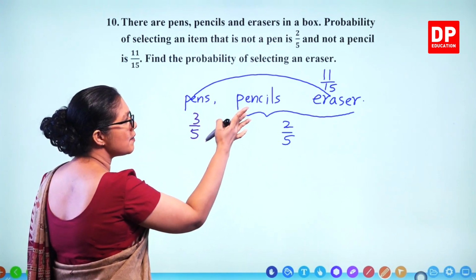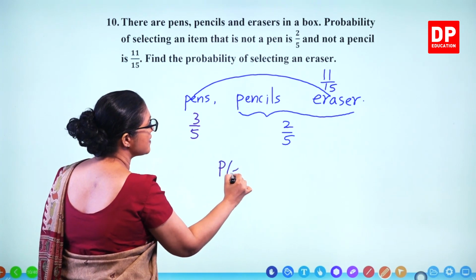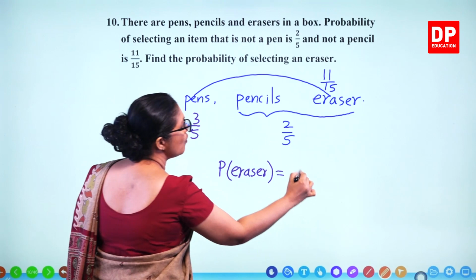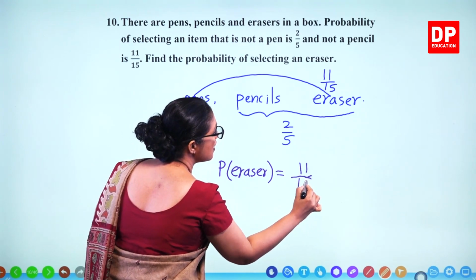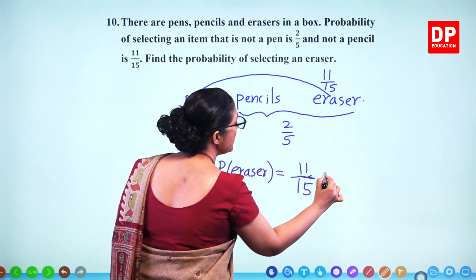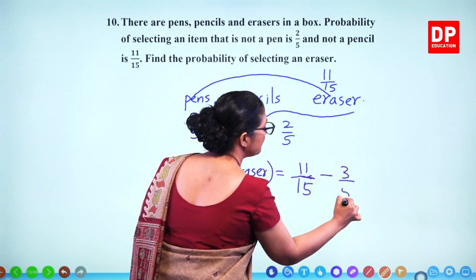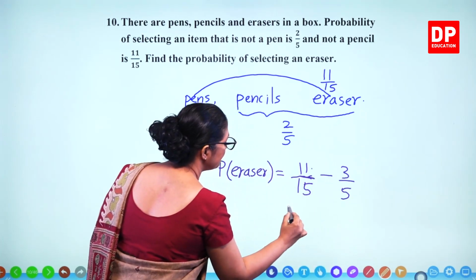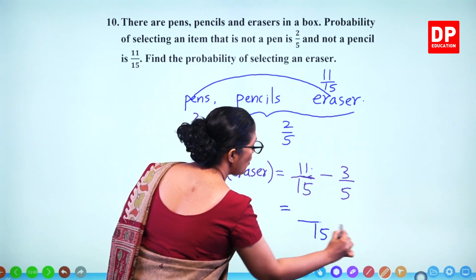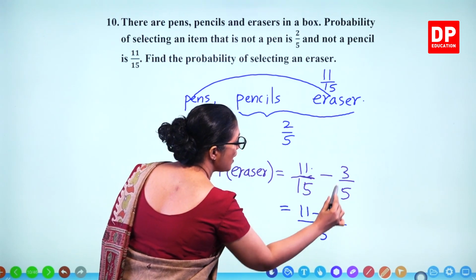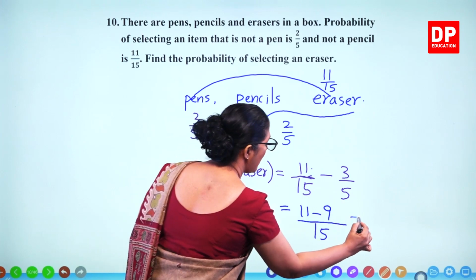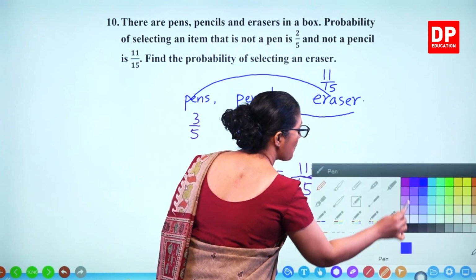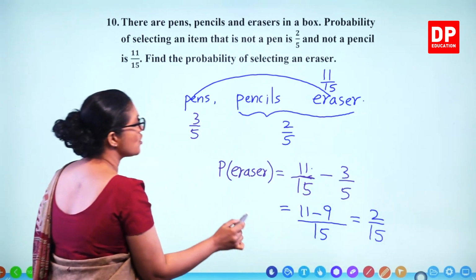So you can find probability of getting an eraser is 11 over 15 minus 3 over 5. What's the answer? 15 is the common denominator. So 11 minus 3 times 3, 9. So 2 over 15. That's a 2 marks question.